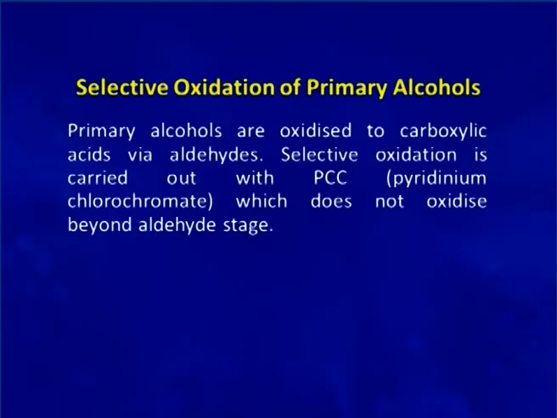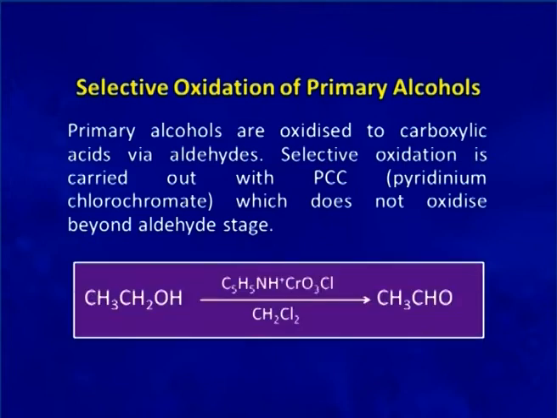If we stop the oxidation process at the aldehydic stage, we require some specialized reagent, and this process is called selective oxidation of primary alcohols. The reagent utilized here is PCC, also known as pyridinium chlorochromate. This pyridinium chlorochromate, when it reacts with primary alcohol, stops the oxidation at the aldehydic stage.